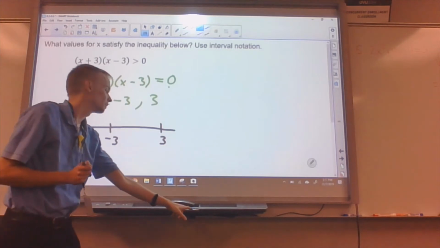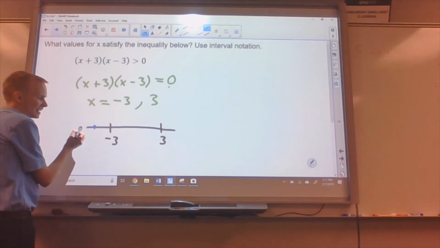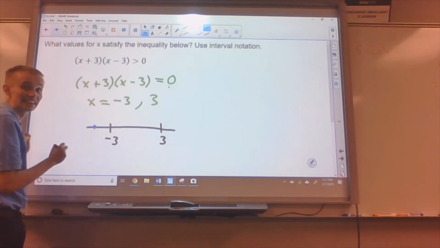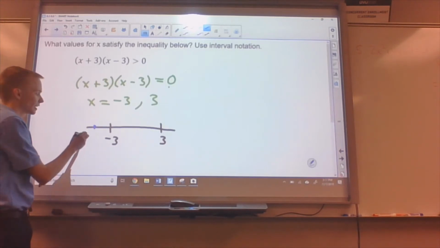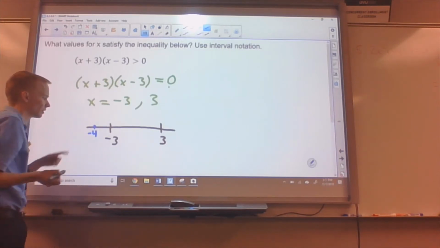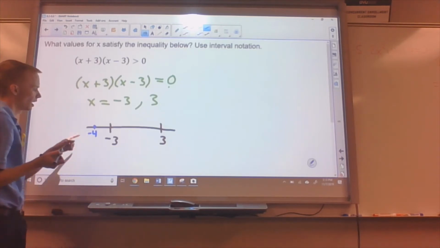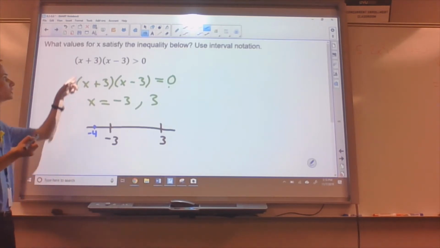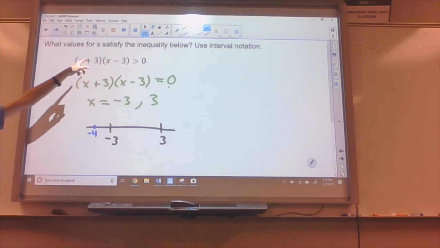So we take a number in this chunk right here, less than negative 3. You can pick any number you want, as long as it's less than negative 3. Let's say negative 4. That seems like a nice, beautiful number. We'll plug that into the equation and see if this inequality is true.